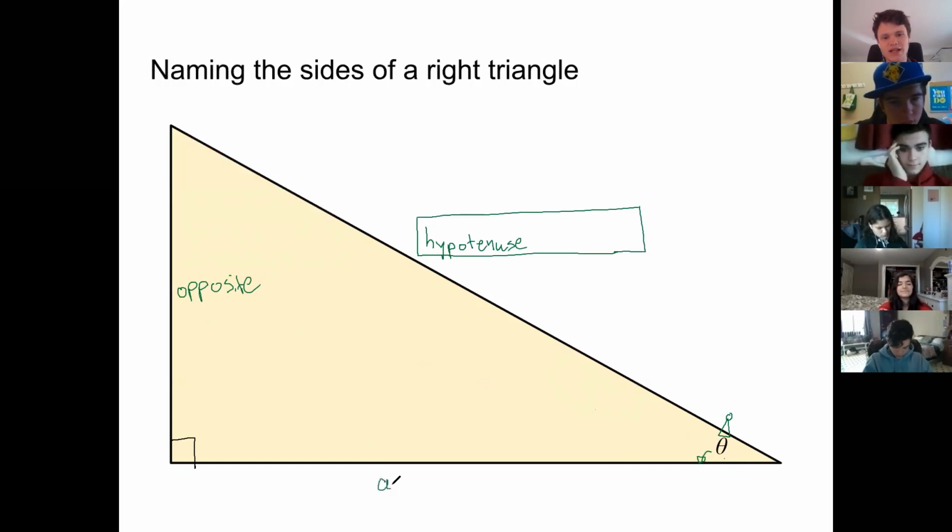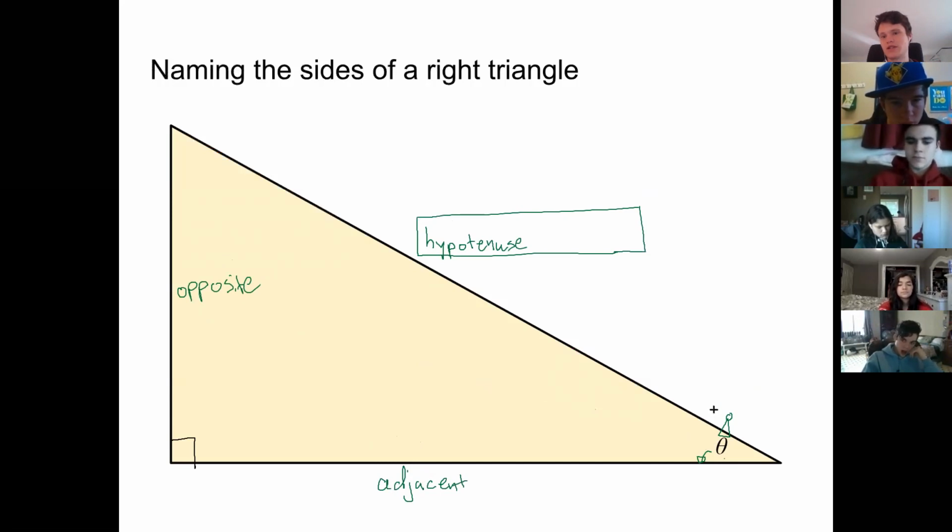And so this one is next to or adjacent. So we have these three sides of a triangle: hypotenuse, opposite, and adjacent. Okay, clear? Clear so far?